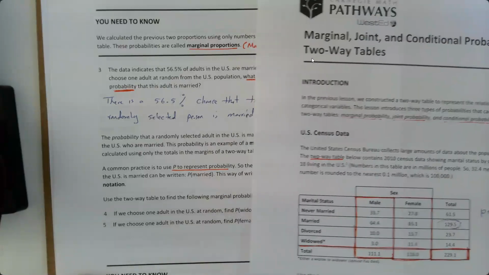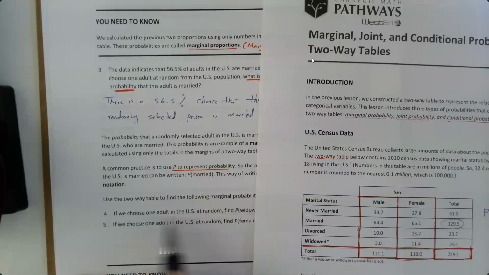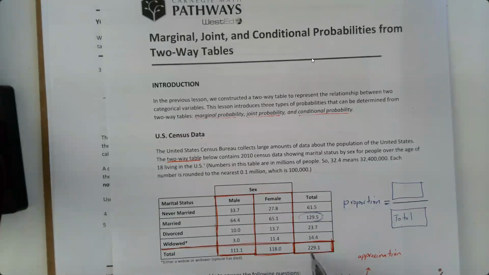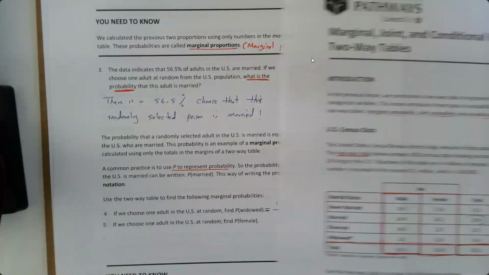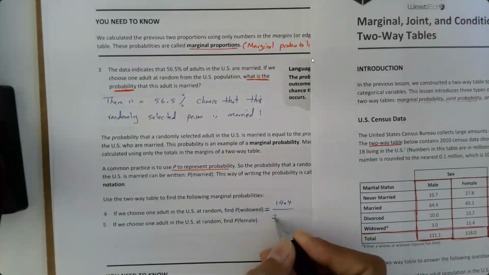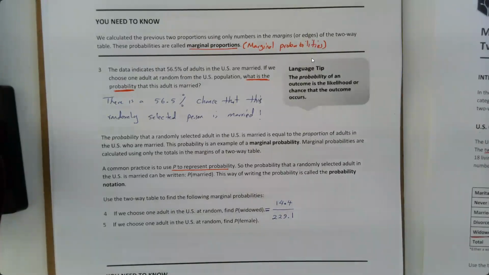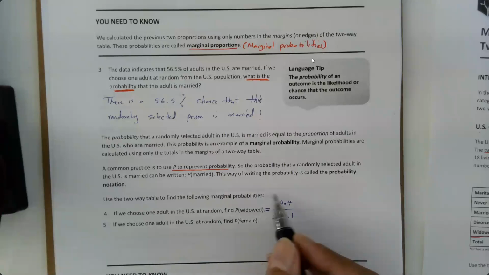You're randomly selecting an adult from the population. How many members do we have in our population? 229.1. This number goes on our denominator. As usual, we're interested in representing this fraction in decimal form and finally in percentage form.